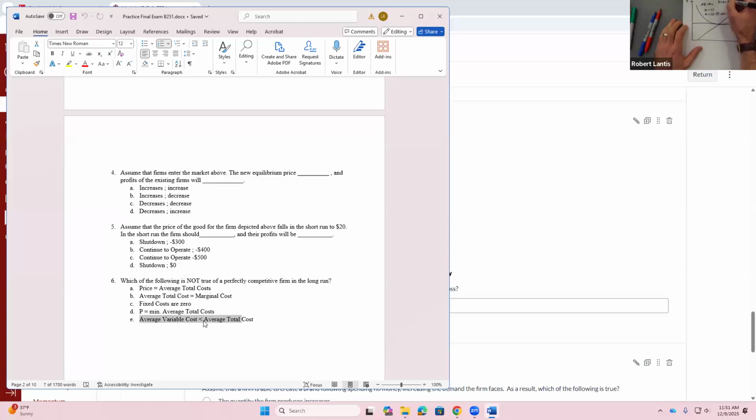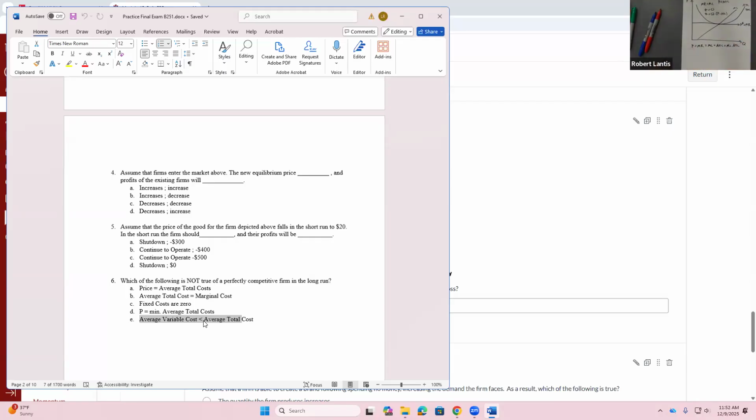Price has to be equal to average total cost. And in a perfectly competitive market, price is the firm's marginal revenue. So price is equal to marginal revenue, is equal to marginal cost, is equal to average total cost, which we also know will be in the long run the minimum average total cost as well.